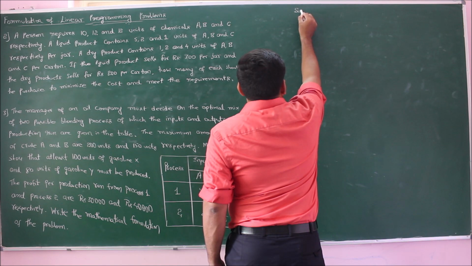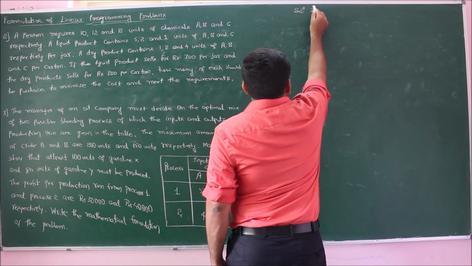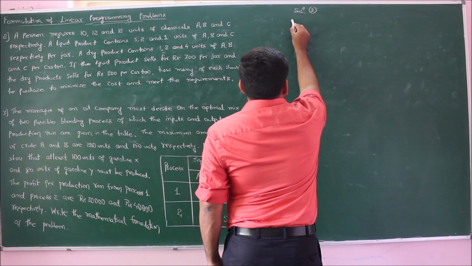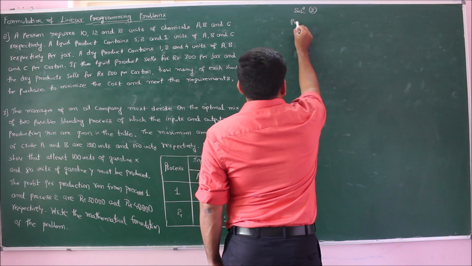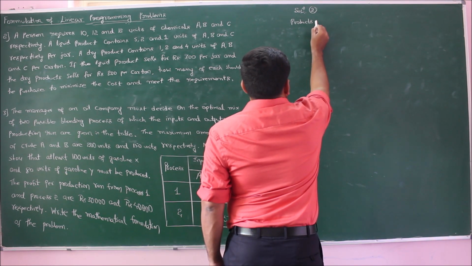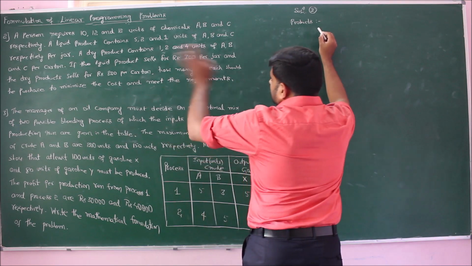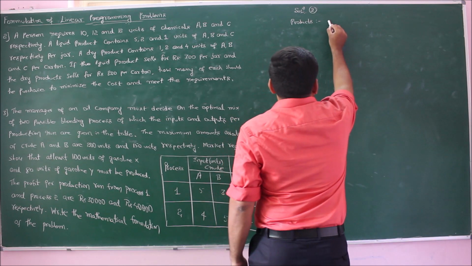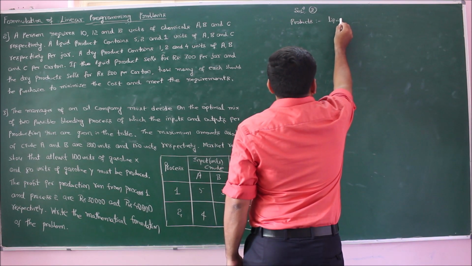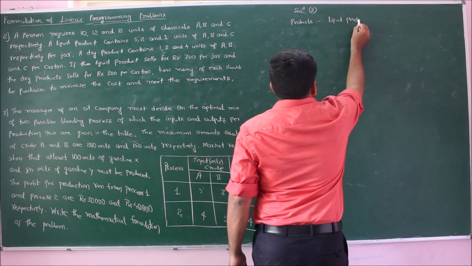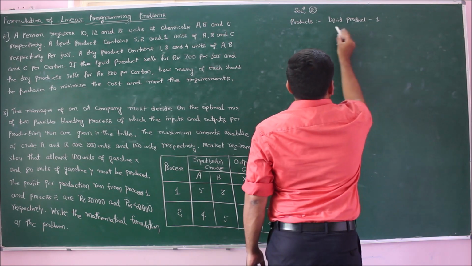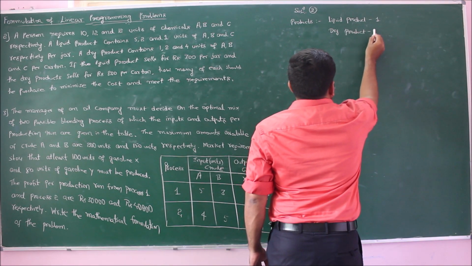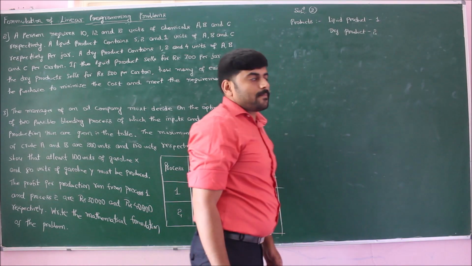So if I solve problem number 2, here the products are not the chemicals, the products are the liquid and dry product. Let us take the liquid product as 1 and the dry product as 2.